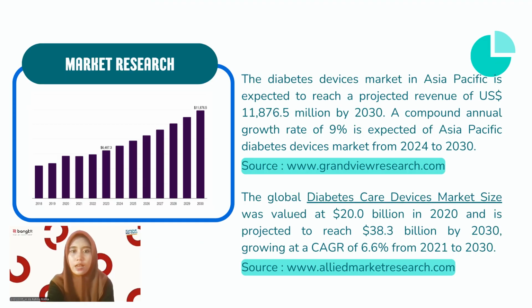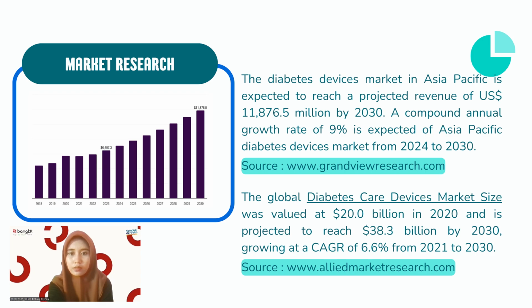Next is market research. The diabetes device market in Asia Pacific is expected to reach a projected revenue of 11,876,500,000 US dollars by the year 2023. A compound annual growth rate of 9% is expected for the diabetes device market in Asia Pacific for 2024 to 2030.